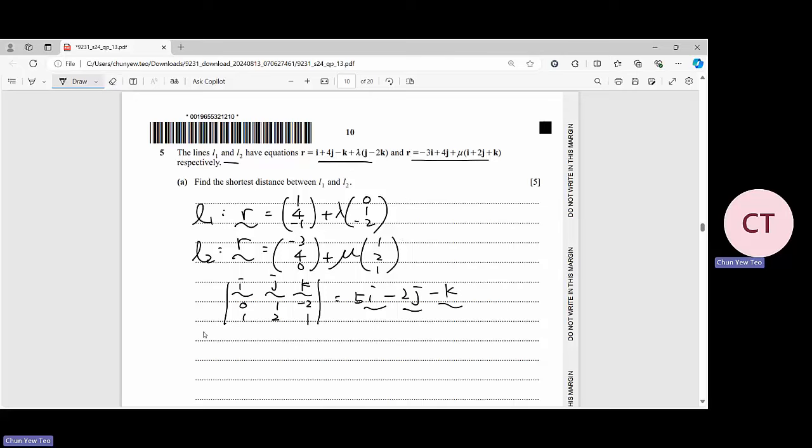Then we let this be called OA, and the second line will be called OB. Find the directional vector of AB, and you get this as B minus A, OB minus OA, which is (negative 4, 0, 1).